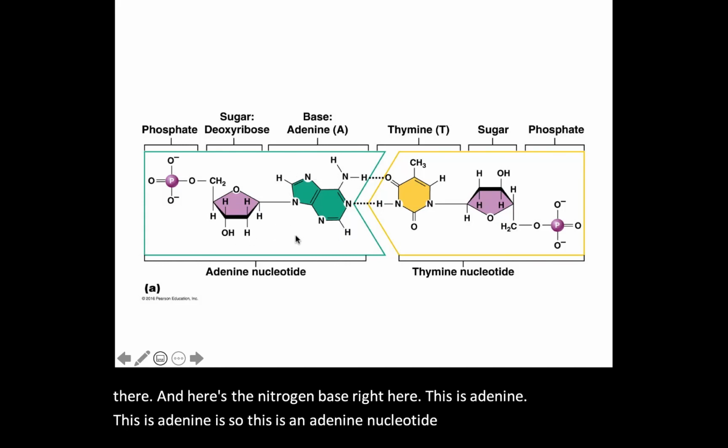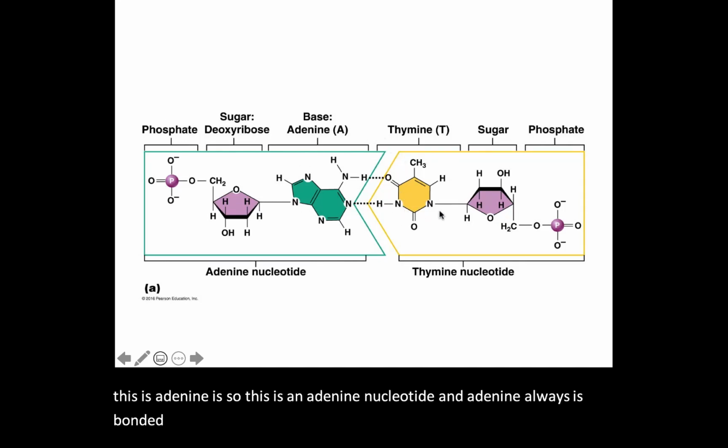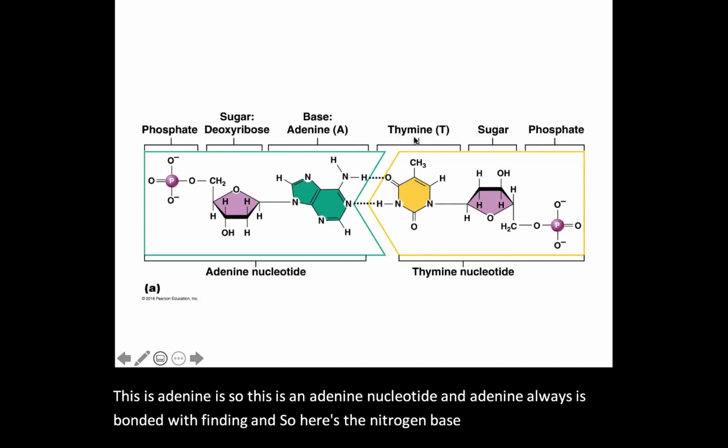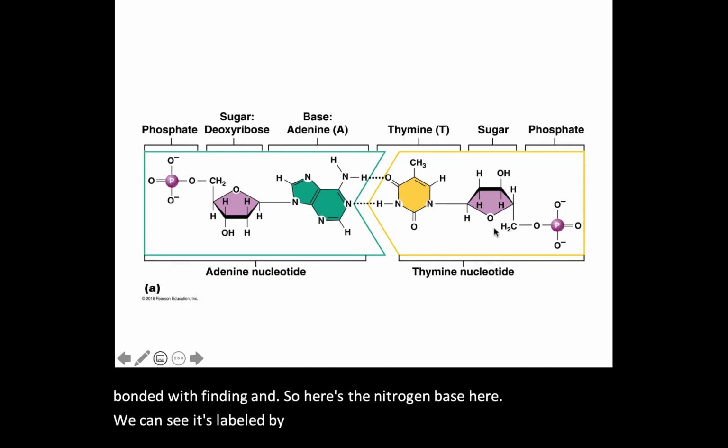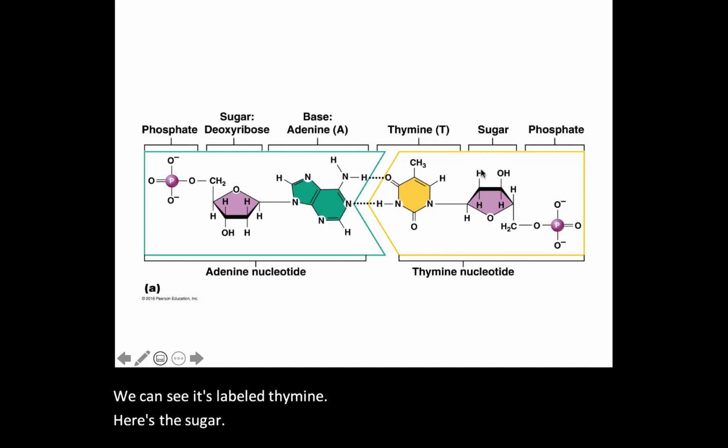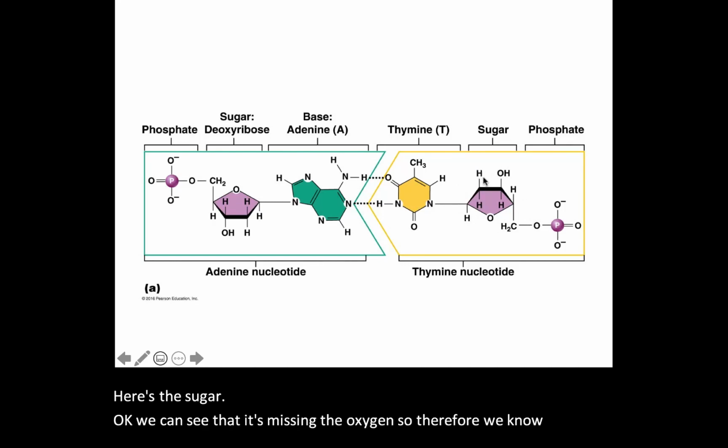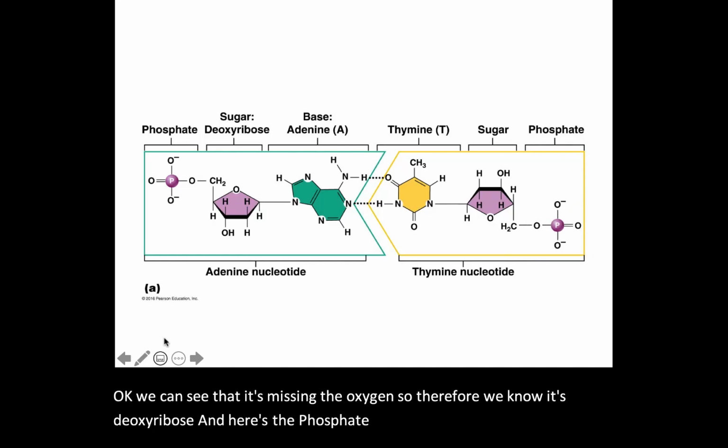And adenine is always bonded with thymine. So here's the nitrogen base, labeled thymine. Here's the sugar, and we can see it's missing the oxygen, so we know it's deoxyribose. And here's the phosphate group right here.